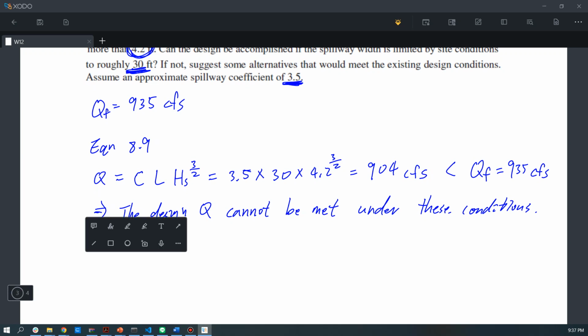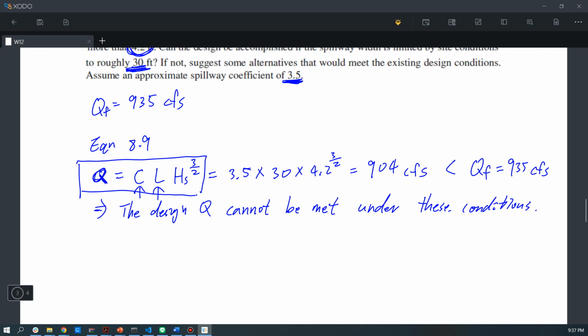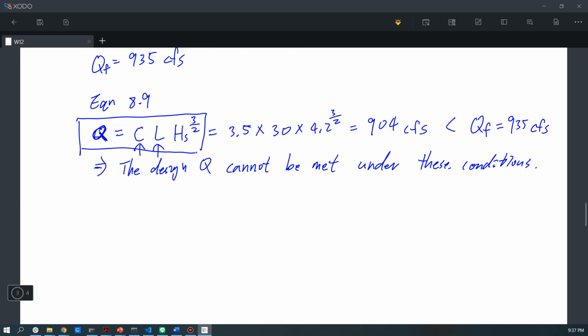So from this equation here, we can either improve the coefficient C, or we can increase the width of this spillway to increase Q. So in case 1, let's try to design the spillway wider so we can accommodate the larger flow rate.